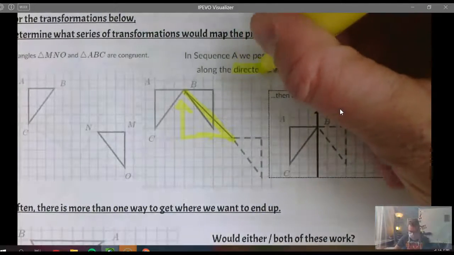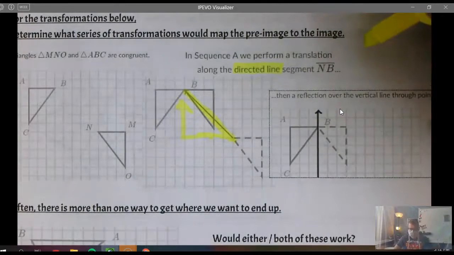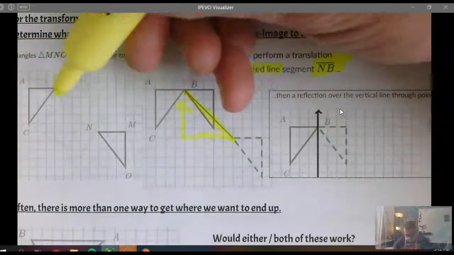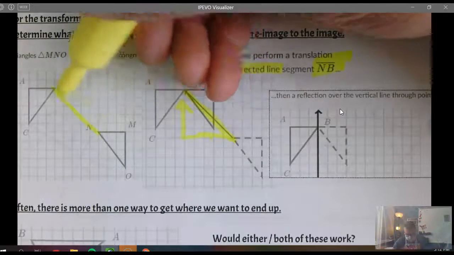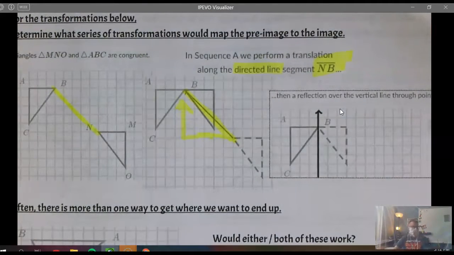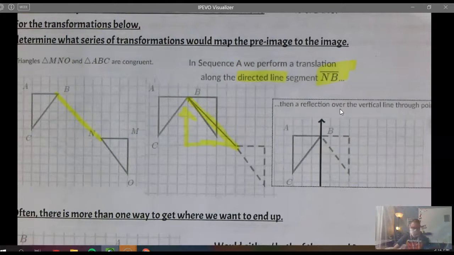So a directed line connects one point to another. If you want to go ahead and draw your own directed line over here, the directed line NB is that. It just literally says, hey, you drag over here. Because a lot of times on the computer, you can just grab it and drag it.